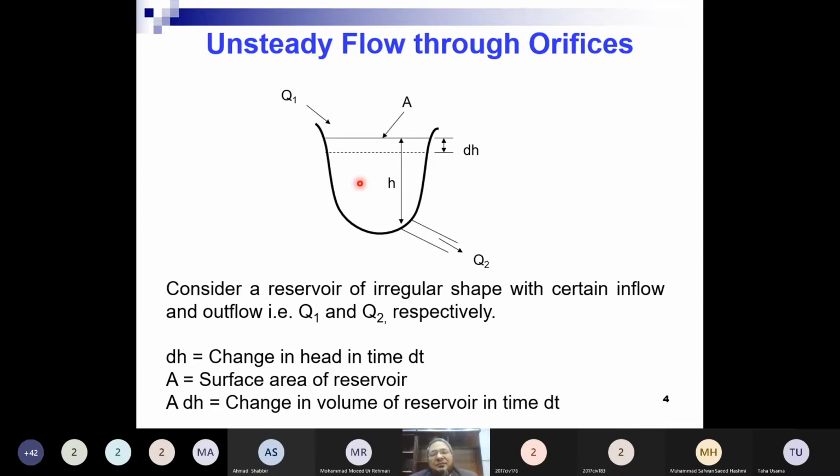What about Tarbela Reservoir? What about Mangla Reservoir? They have similar conceptual diagrams. They also have inflows, outflows, and surface area.